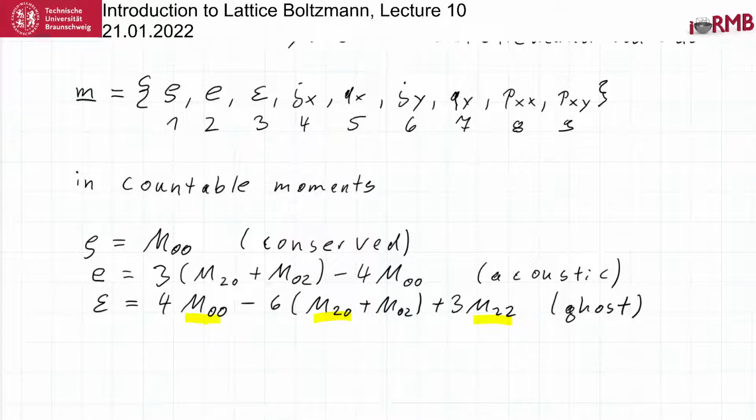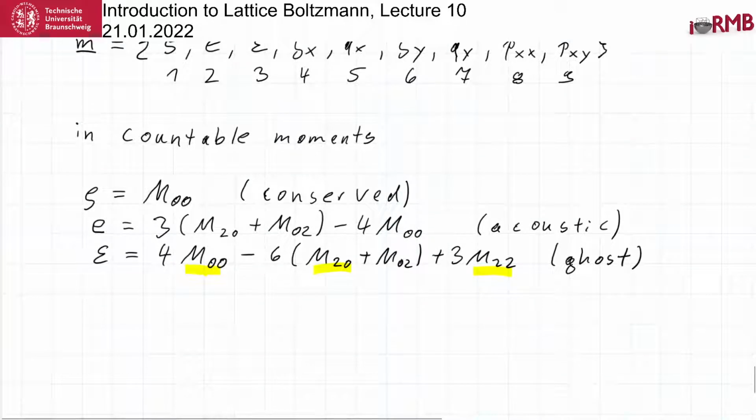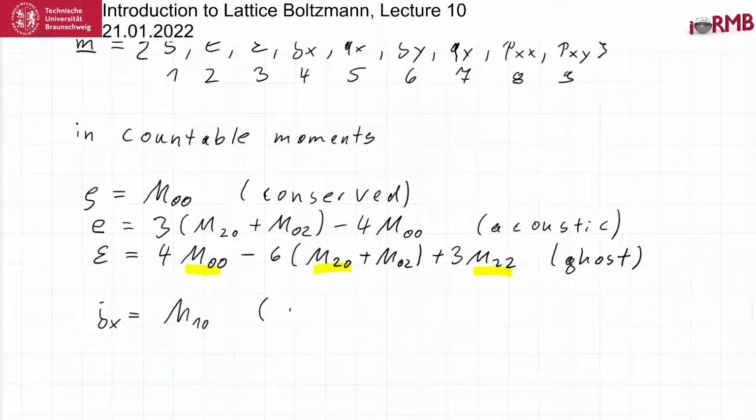So the question is, is epsilon now a first order moment, a second order moment, or a zero order moment? Yeah, this is not defined in this setting. Okay, going on to Jx. So Jx is the momentum. Yeah, this is m10, and this, of course, also is a conserved moment.